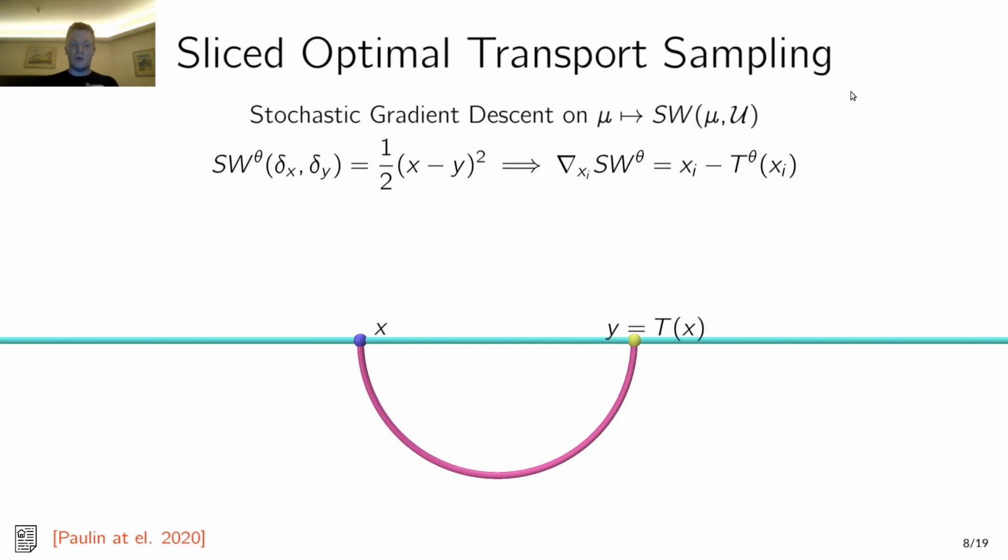And so to do so, we need to be able to define the gradient of the transport energy along one slice. Okay, so if the distance is simply the quadratic distance between 2 points, then obviously the gradient is the difference between your point and its assigned other point. Okay, so it is very easy to compute.